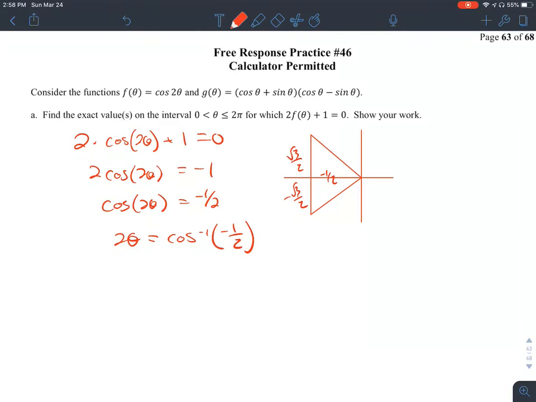That's going to make the reference angle pi over 3. So that makes this answer 2 pi over 3. So 2 theta is 2 pi over 3. And that makes this answer 4 pi over 3.